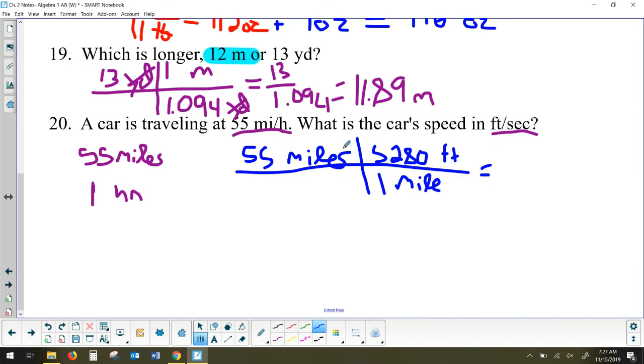We want to cross out our miles. We end up with 290,400 feet.